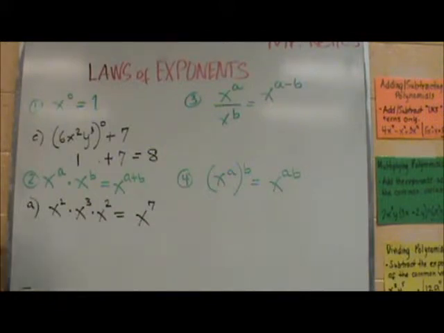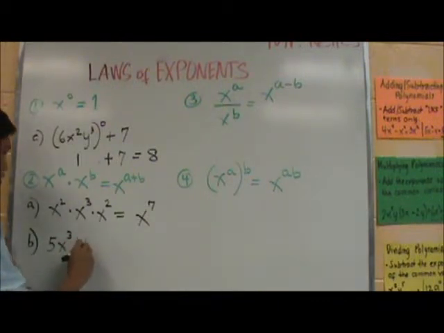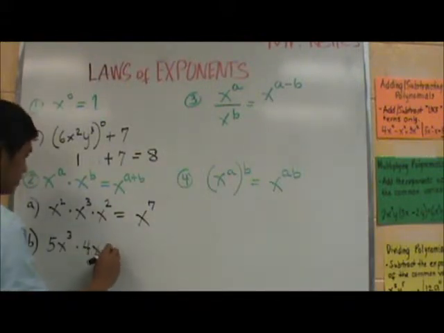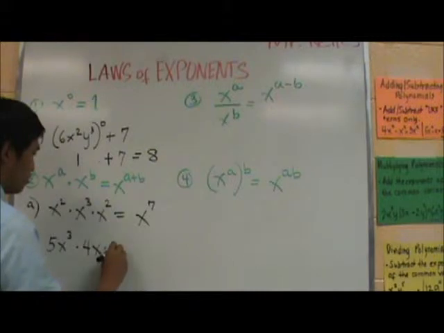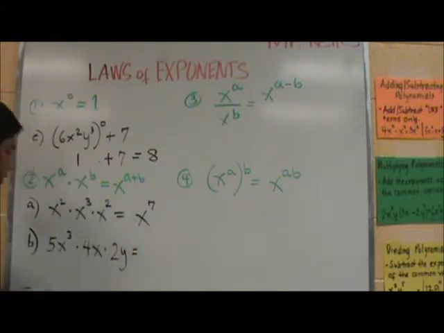Okay, now let's try B. How about if you have 5x to the third power times 4x times 2y. Now again, in multiplying, all you have to do is to add the exponents of the common variable.